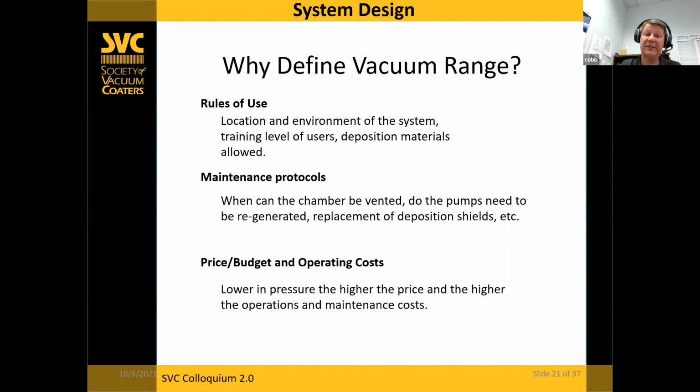So price and budget definitely enter into that vacuum range. The reason I say this is because it's really impractical to say, I want a vacuum chamber to go to 10 to the minus 12 torr, but I have a budget of $90,000. Unless you have a very small chamber with nothing in it, that's not very equitable.